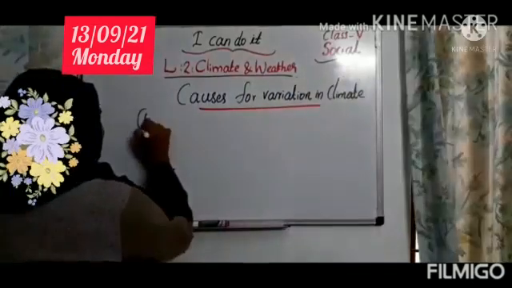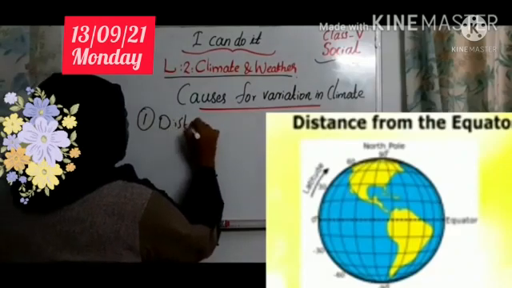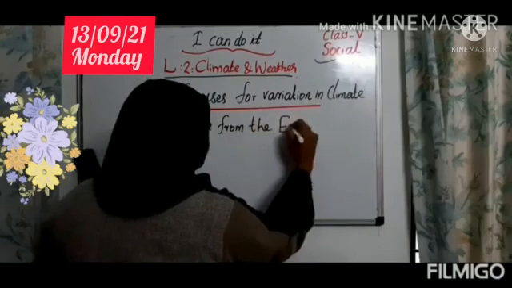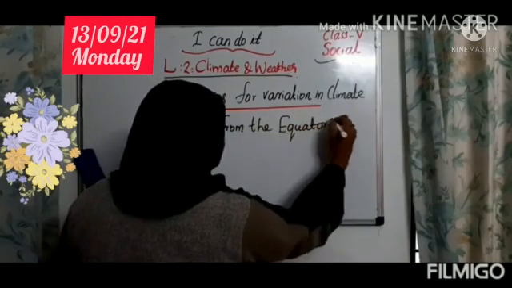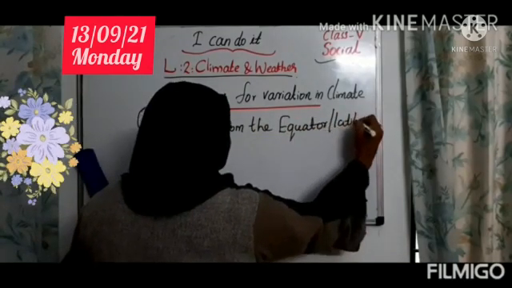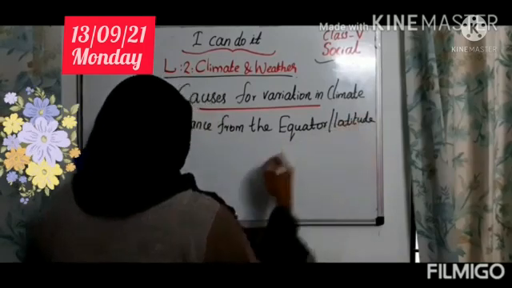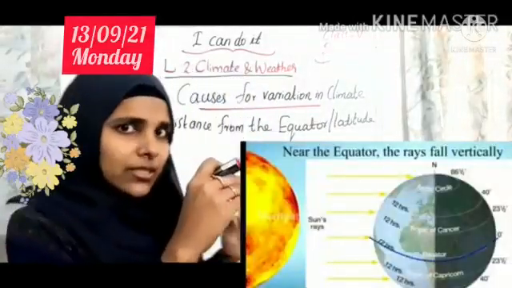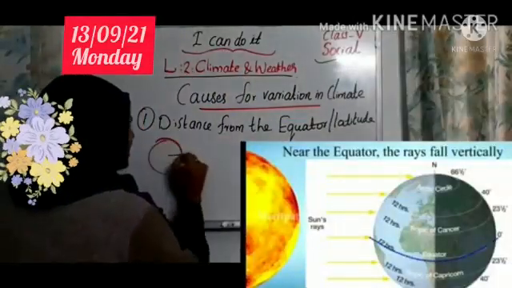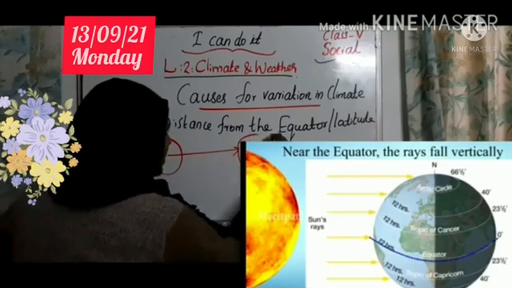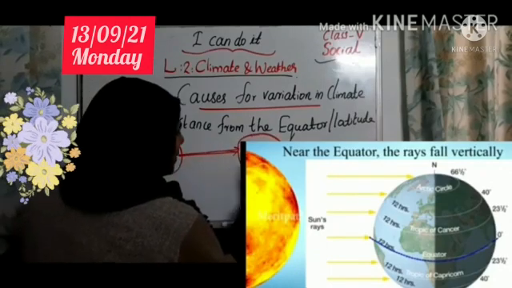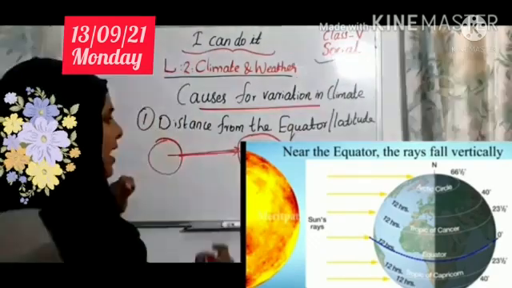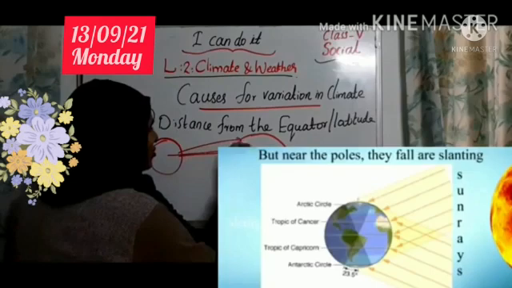First one is distance from the equator. You all know what the equator or latitude is, is it, children? Distance from the equator. You know that sunlight strikes the earth directly at the equator, and the sunlight is slanting at the poles.